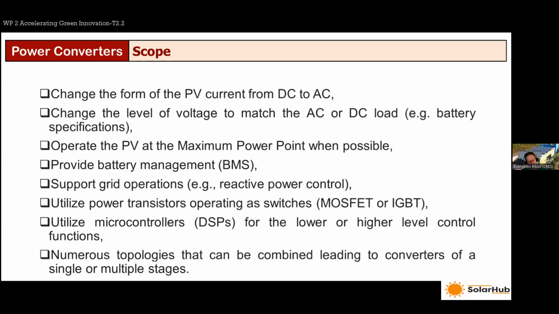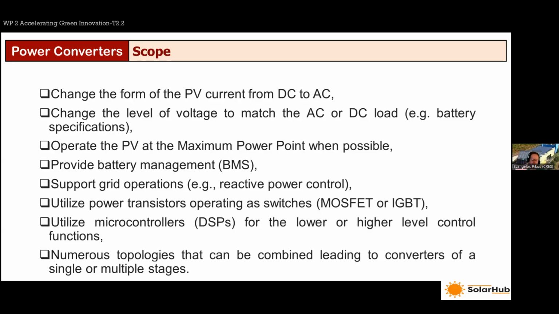All these functionalities are achieved by using power electronics topologies, with mostly two types of semiconducting switches: MOSFET or IGBT transistors. They are two very specific types of semiconductors, and you can find more information about them in literature or by Googling them.